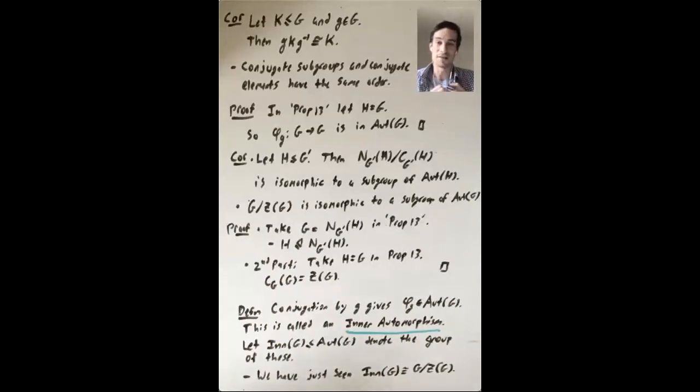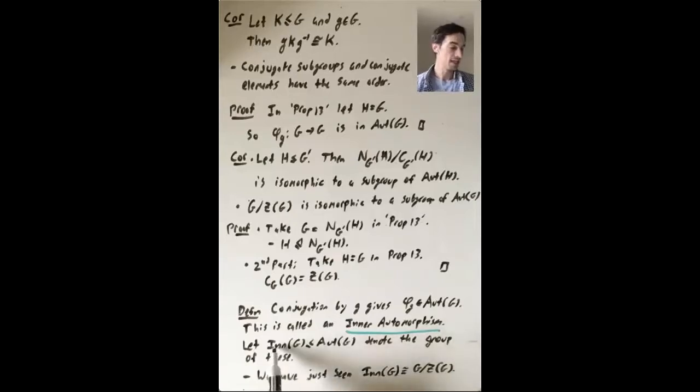OK, so we'll see a bunch more applications. But I want to define something first. So we've seen that conjugation by g gives an automorphism of G. So it gives a permutation of the elements of G that has some structure to it. This kind of automorphism, one that comes from conjugation by an element, is called an inner automorphism. And we have seen that this set of inner automorphisms gives a subgroup of Aut(G).